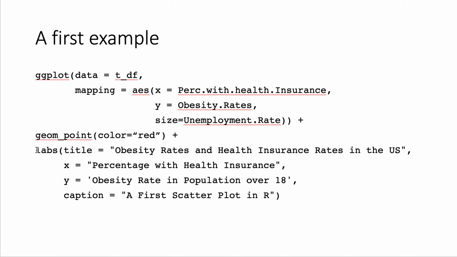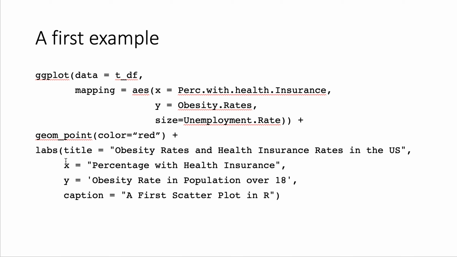And then I can do a call to labs on top of that, and I set the title of the chart. I set what is going to be on the x-axis, what's going to be on the y-axis, and then a caption as well. The caption will appear at the bottom of the visualization.